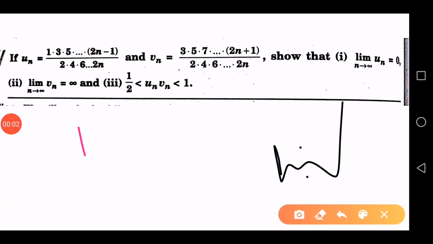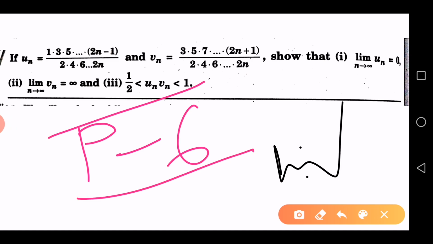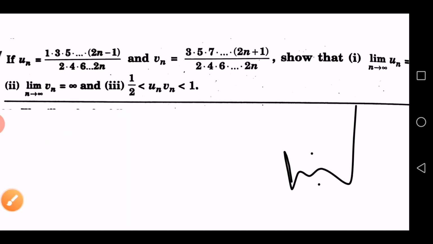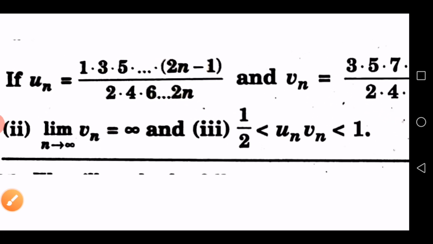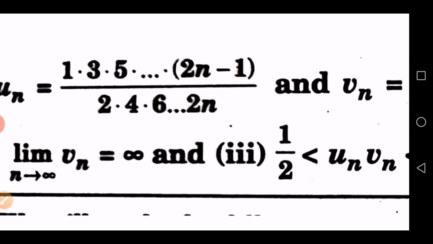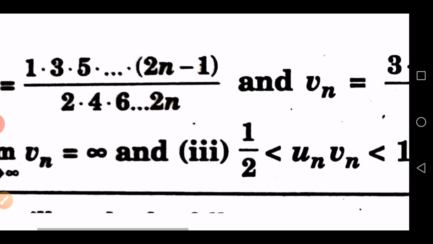Problem 6. This is our problem 6 of today. Here two sequences are given. This is the first sequence, un equal to 1 into 3 into 5 up to 2n minus 1 divided by 2 into 4 into 6 dot dot dot 2n.